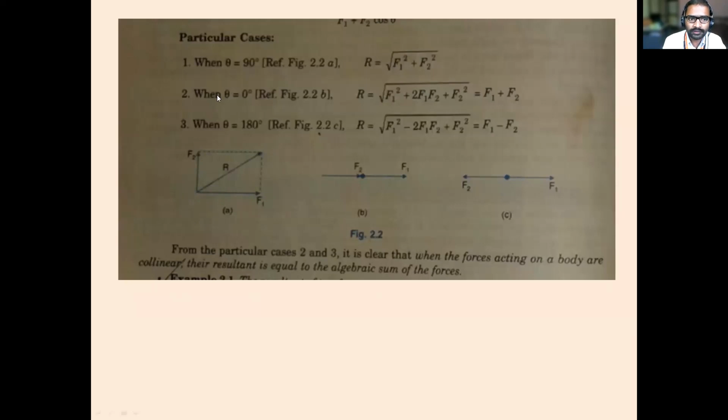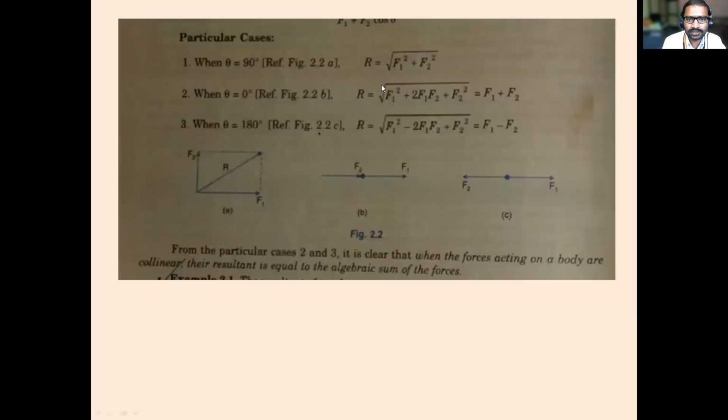Yes, sir. When theta is equal to 0 degree, it means F1 force and F2 force are moving in the same direction, collinear. So in that condition, F1 square plus 2 times F1 F2 plus F2 square. Why is it cos 0 here? How much is cos 0? Cos 0 is 1. That's why only 2 times F1 F2 is taken.